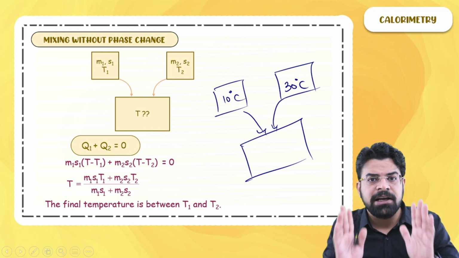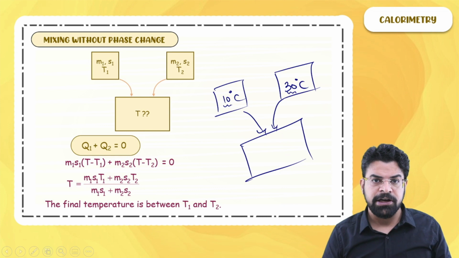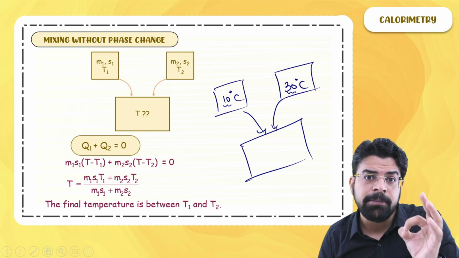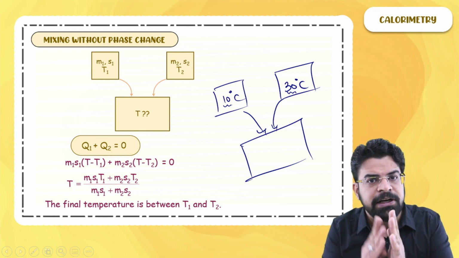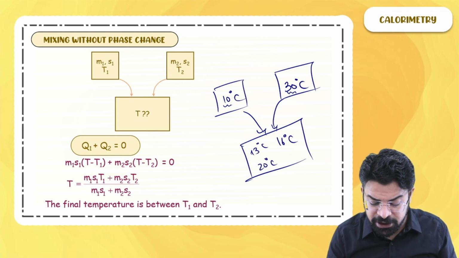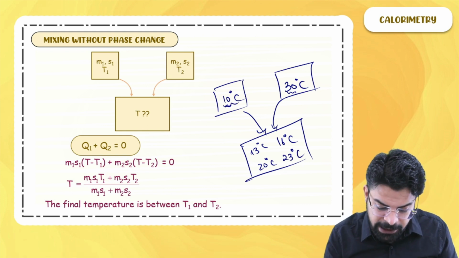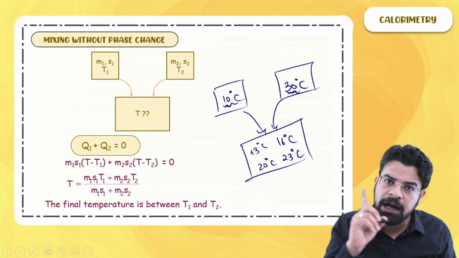I just said that if you are mixing two things at temperatures of 10 degrees centigrade and 30 degrees centigrade, then the final temperature won't be more than 30. The final temperature can't be less than 10. The final temperature has to be between 10 and 30. So it can be 13 degrees centigrade, it can be 16 degrees centigrade, it can be 20 degrees centigrade, it can be 23 degrees centigrade, it can be any number between 10 and 30. But it can't be more than 30 or less than 10.